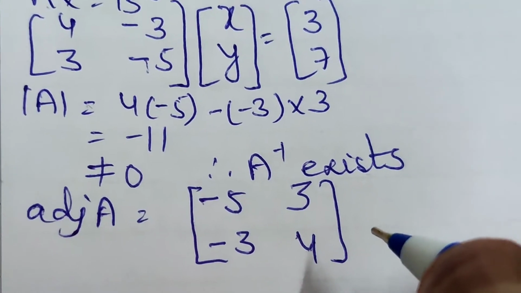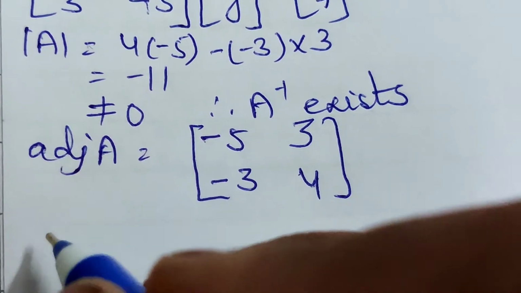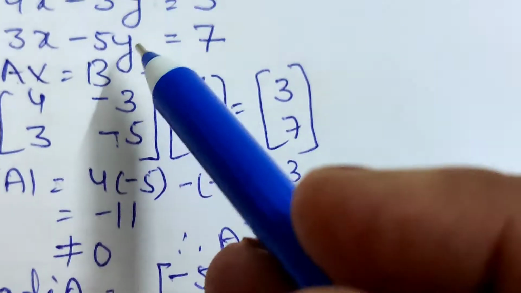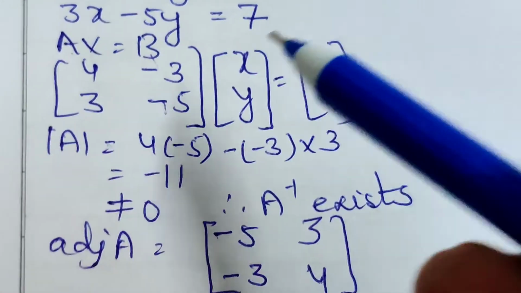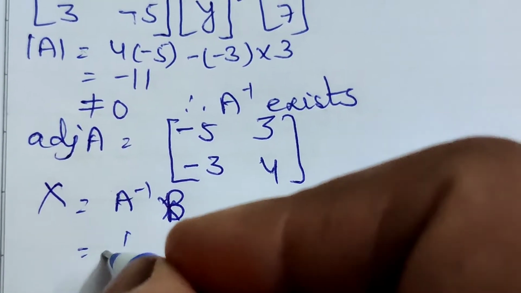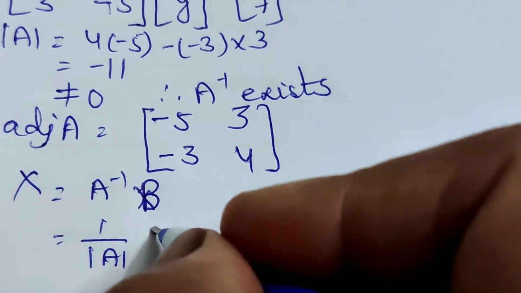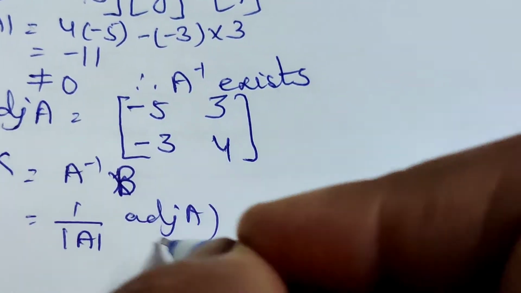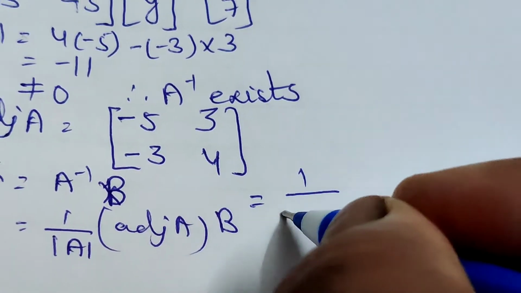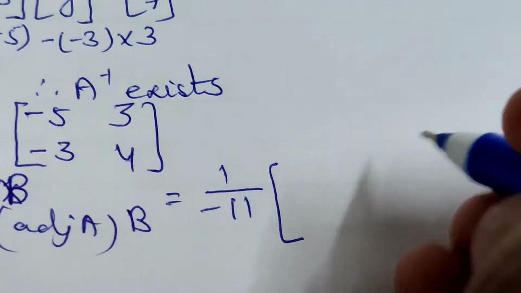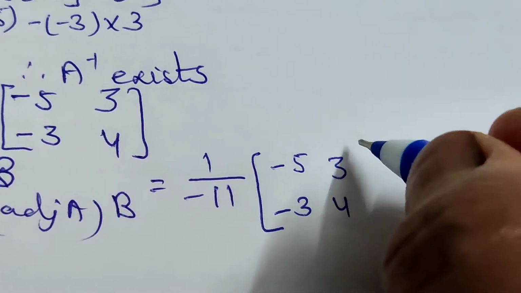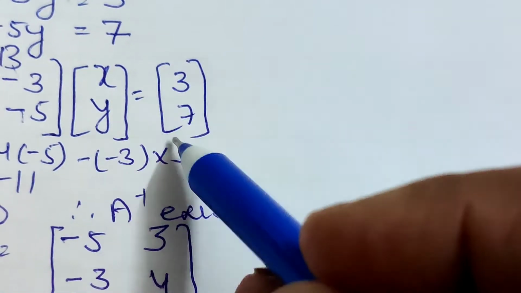This is the adjoint of A. Now X equal to A inverse B. A inverse is 1 by determinant of A, adjoint of A, into B. Just put the values: 1 upon minus 11, adjoint is [-5, 3; -3, 4], and B is [3; 7].